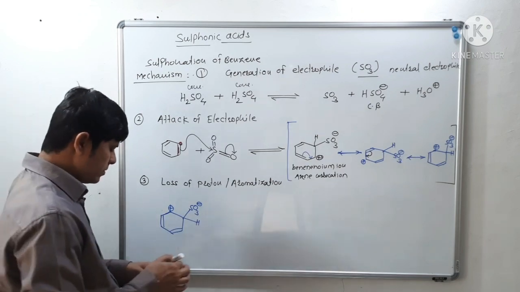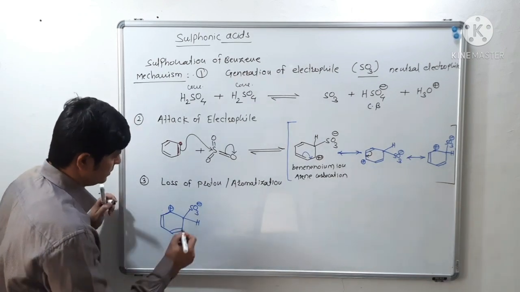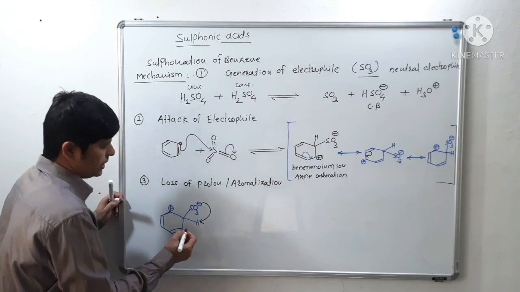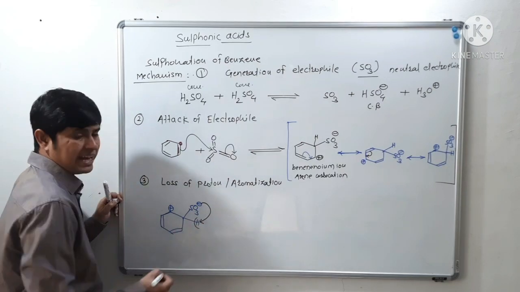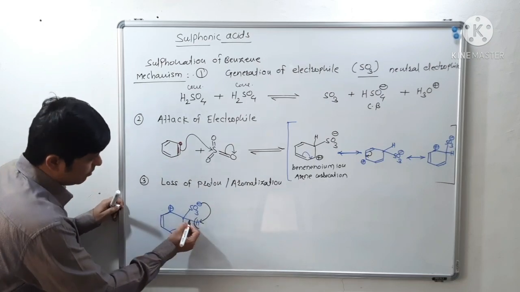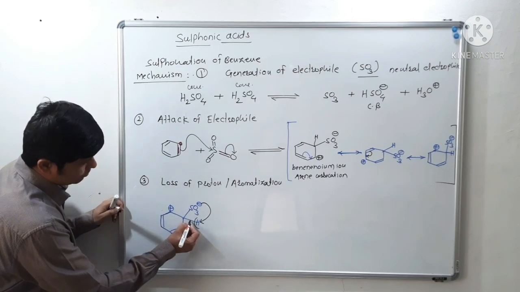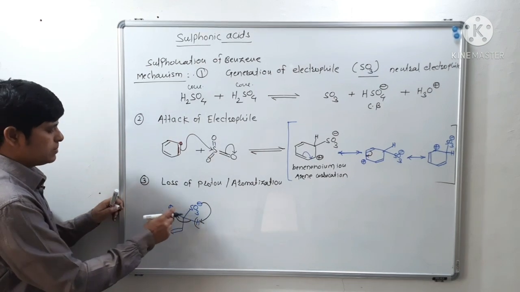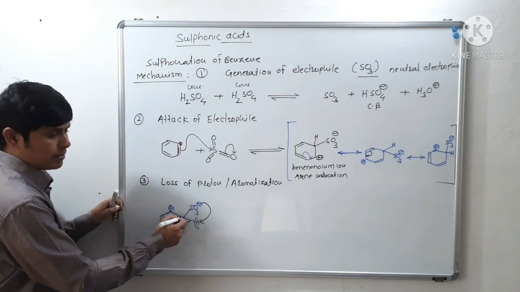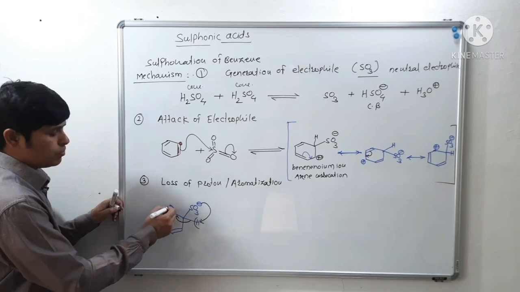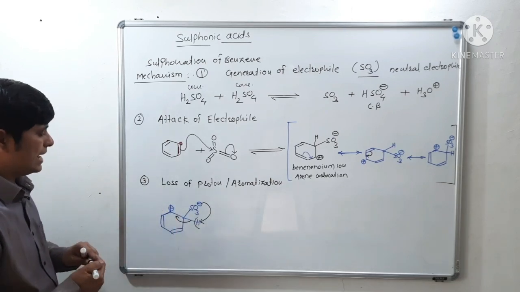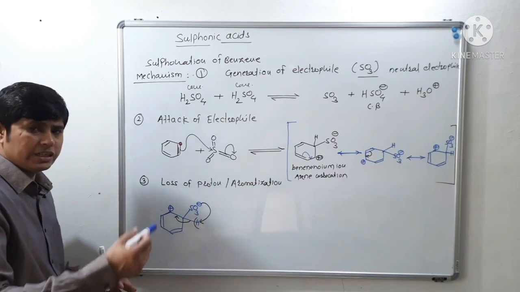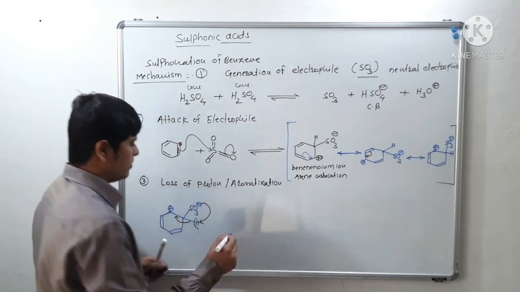This SO3 minus will abstract this proton, and the proton will be lost as H plus. This sigma bonding electron density will be used to form a pi bond here, between this carbon atom and this carbon atom, and this positive charge will also get neutralized. So this is loss of proton, or regeneration of the aromatic ring, again aromatization.